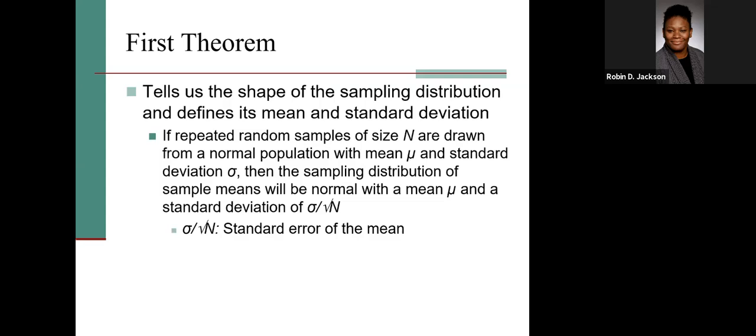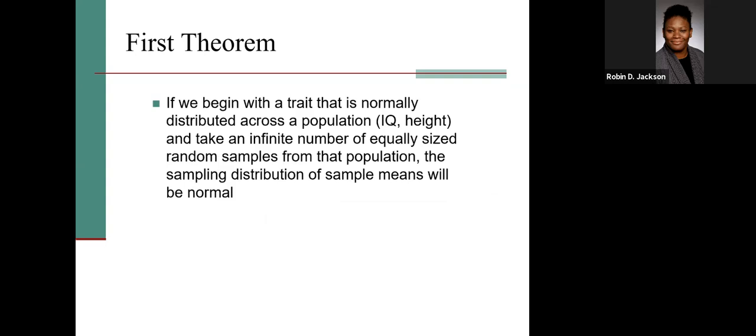So here's what this kind of means in normal speak, if you will. So basically, if you begin with a trait that is normally distributed across a population, they use IQ scores for the example. I'm actually going to move this to the next slide because this gives what I'm talking about. So you can see it on the screen, this in normal speak, if you will.